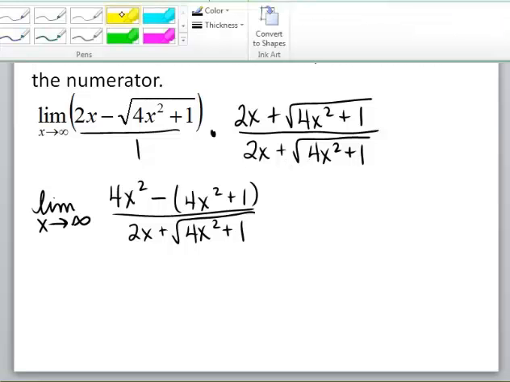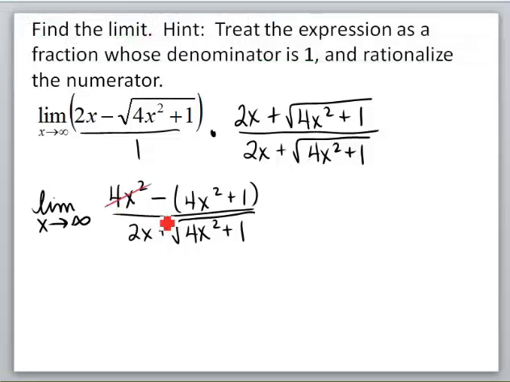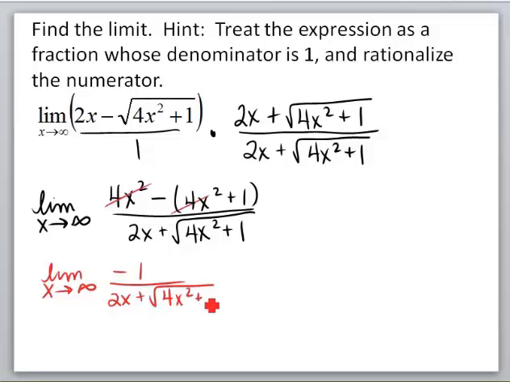Well, looking at this a little bit closer, I have 4x squared and I have a negative 4x squared. So I now have really the limit as x approaches infinity of negative 1 over 2x plus the square root of 4x squared plus 1. Now if I just start plugging in infinity down here, I'm going to get a really, really large number. I'm going to have negative 1 over a really, really large number, which means it will go to 0.